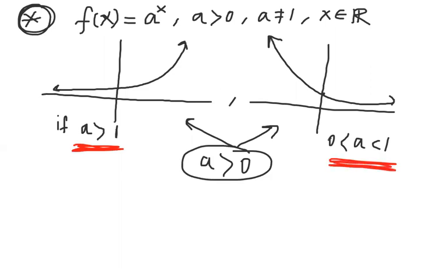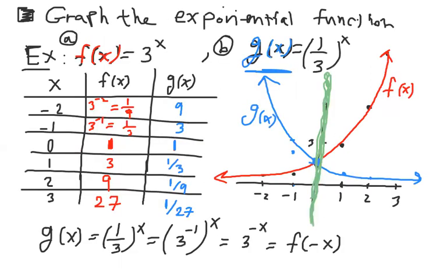Going back to the example before, look at the function f of x. A is 3, positive, greater than 1, so it looks like this, the red one. But for the function u of x, the blue color, a here is 1/3, which is between 0 and 1.